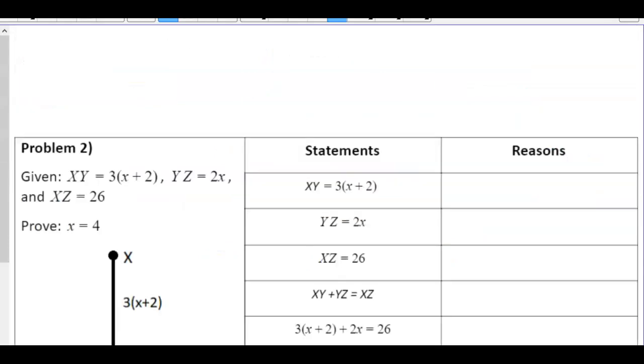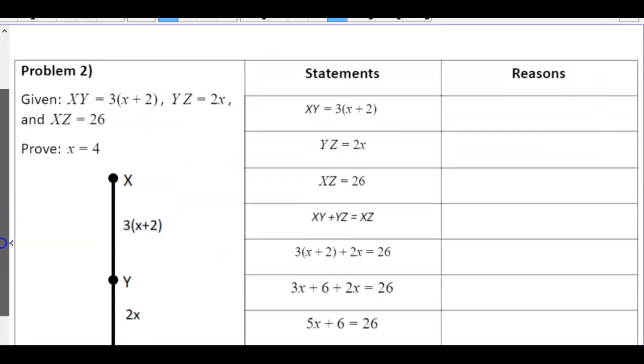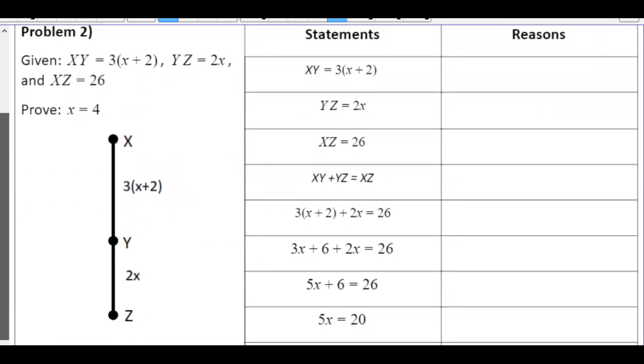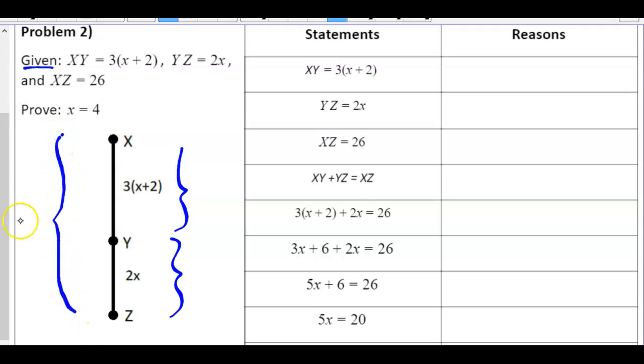All right, let's try another one. Problem 2. Without all the statements and all that, let's just look at the problem itself. Here's our given. We know that XY is equal to this length, so we're given this. And YZ, we're given this. And we're told that the whole thing is 26.